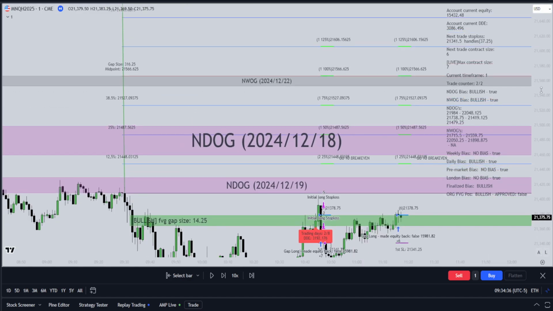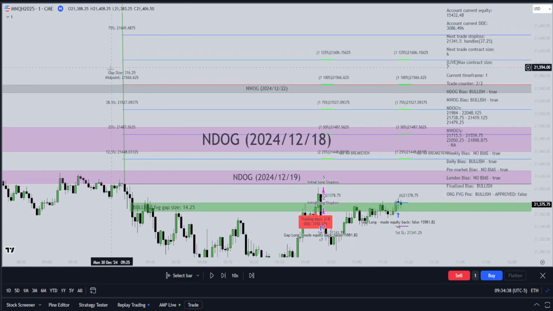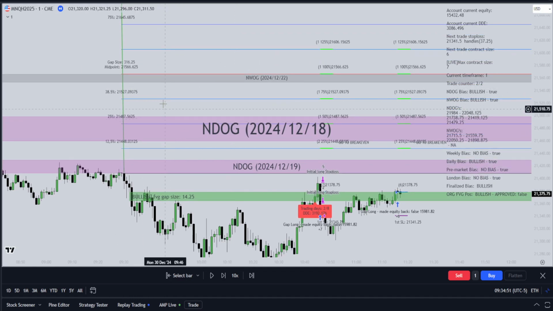One good note to have is that when you have a very huge opening range gap, so for example, this one was 316 handles, when a gap is larger than 200 handles, I halve the exit points of where I originally would take profit.